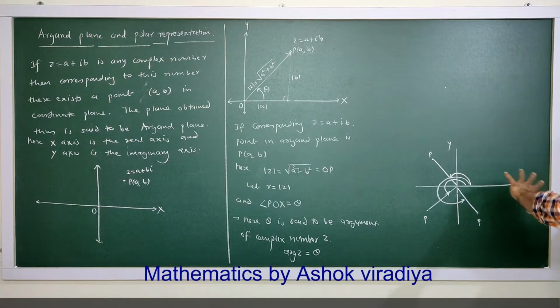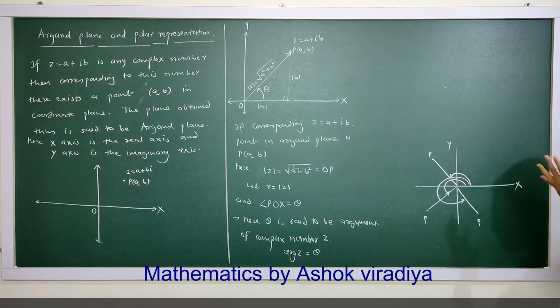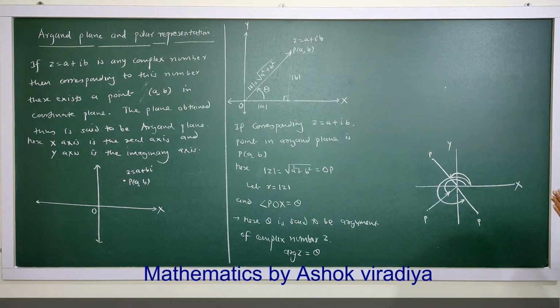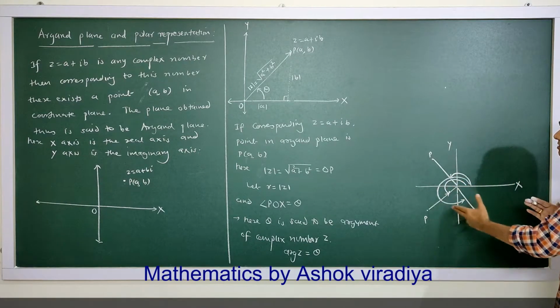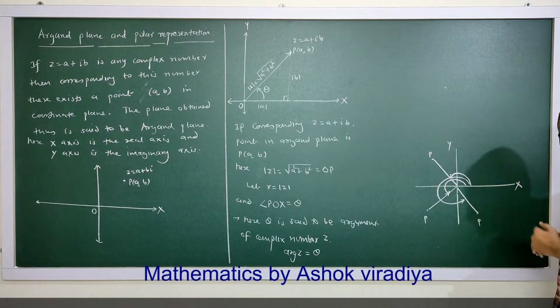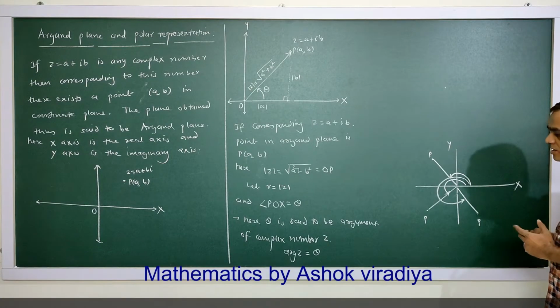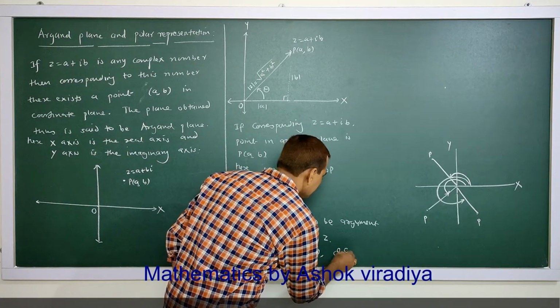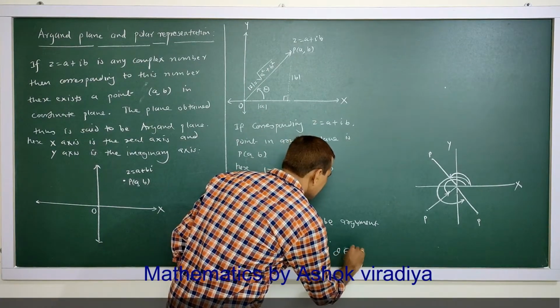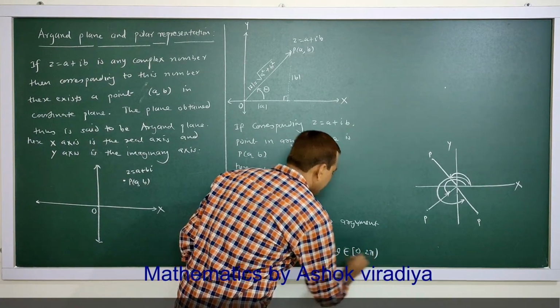So during the first rotation, theta will take values in 0 to 2 pi. The value of theta can be in any interval of length 2 pi. So here theta can be taken from 0 to 2 pi.